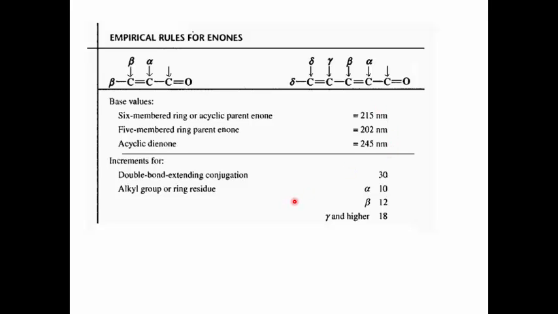If we have an alkyl or ring residue substituent on the beta carbon, the increment that we add is different. It's 12 nanometers. If we have an alkyl or ring residue on the gamma carbon, or the delta, or the epsilon, or larger, then we add 18 nanometers to the base value.